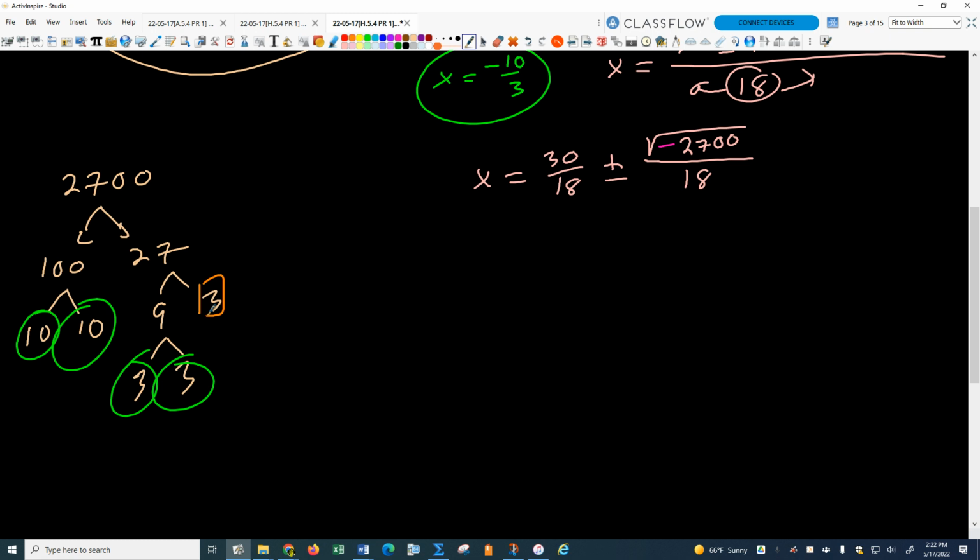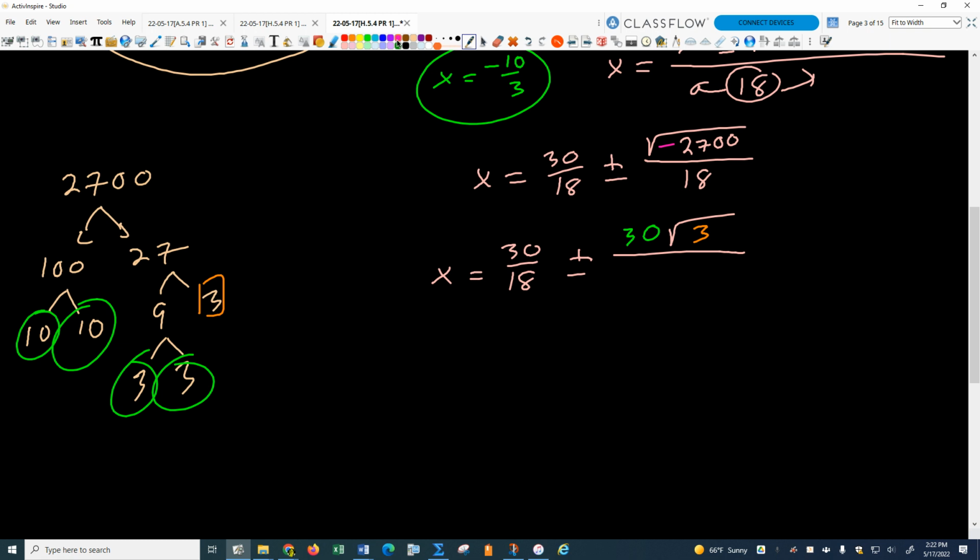So the square root of 2700, I'm going to get a 3 as an outside number and a 10 as an outside number, right? So we'll keep going here. On the top, square root of 2700 is giving us 30 outside, right? 3 and a 10. And inside, we get a 3.